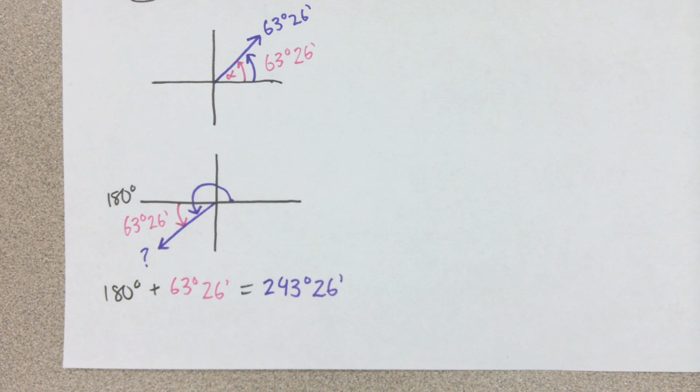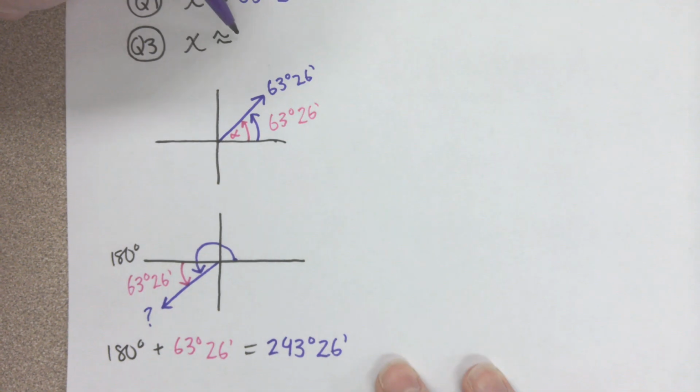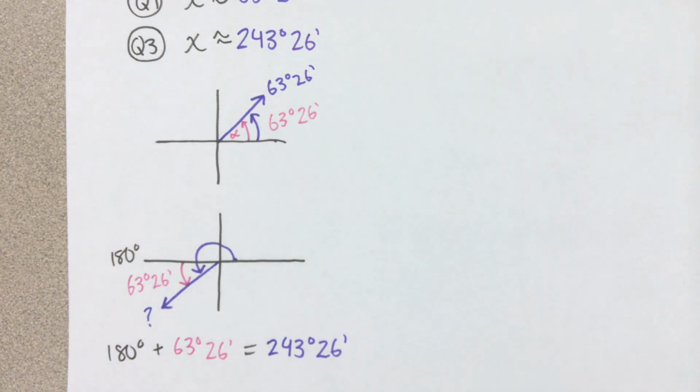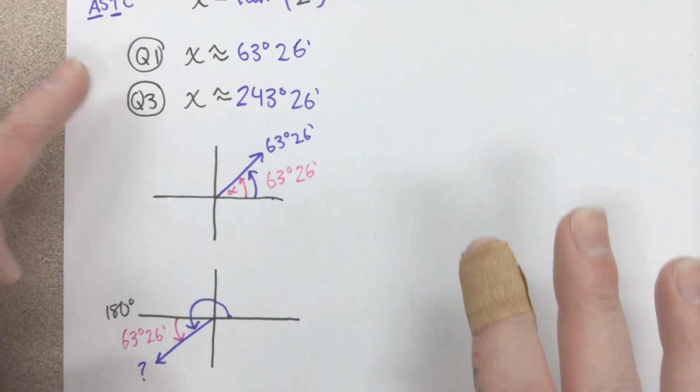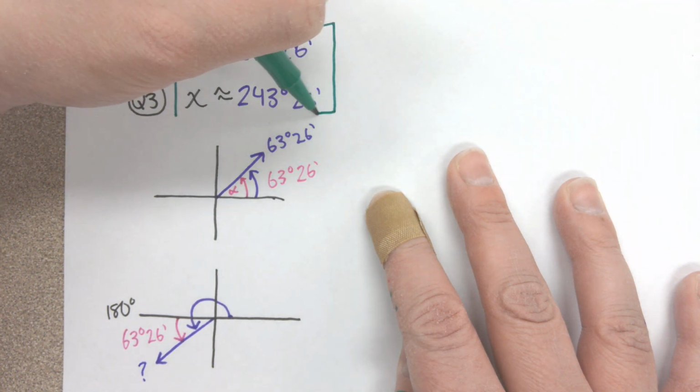If you type it in correctly, don't forget to convert to DMS. So that's our other value, 243 degrees, 26 minutes. There's the first two answers to this problem.